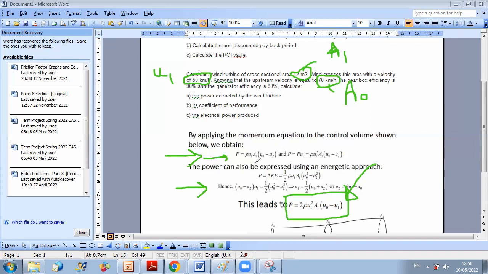And you should know how to get it. But I don't expect you to use it if I give you something else. If I give you another system, I will give you the formulas. But just for this system, because it was explained in detail, you should know how to get it. Okay?